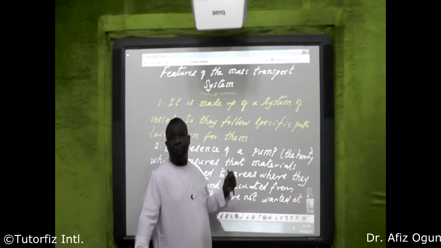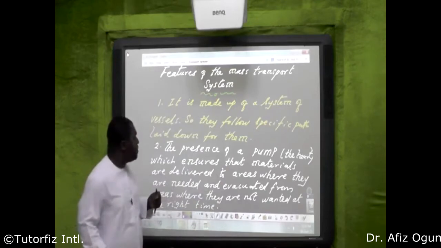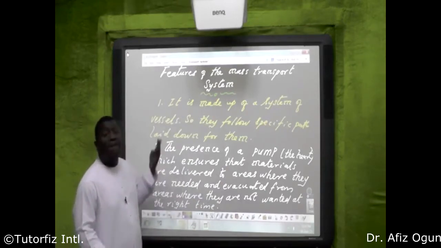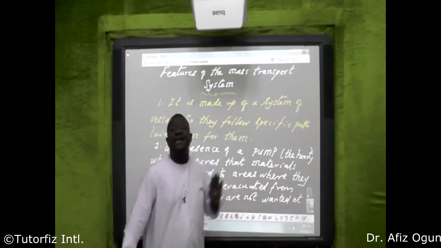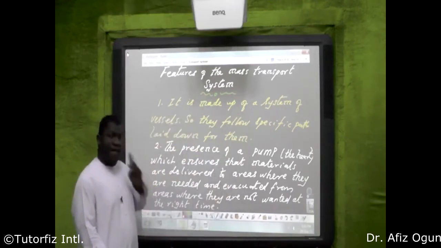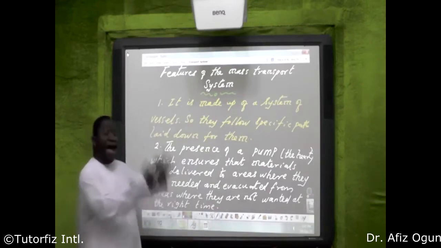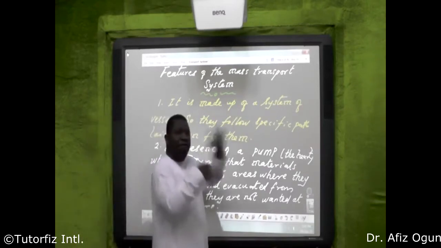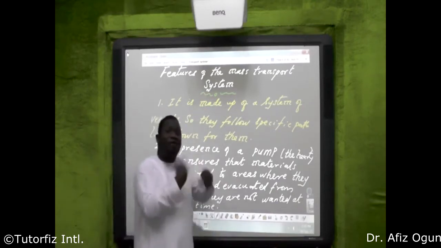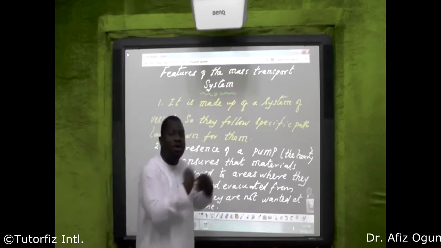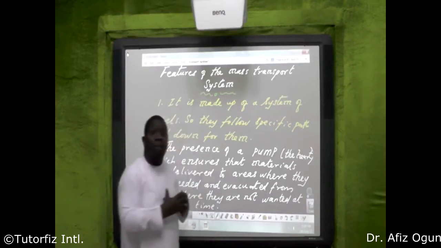Because the system contains this pump, materials are delivered promptly to areas where they are needed, at the right time, and waste products are evacuated very fast. Waste products are evacuated from where they are not needed, from where they will cause trouble, from where they will cause toxicity.